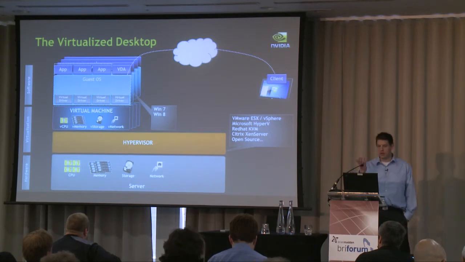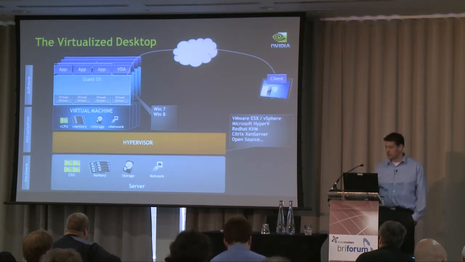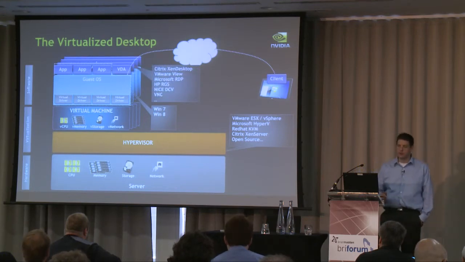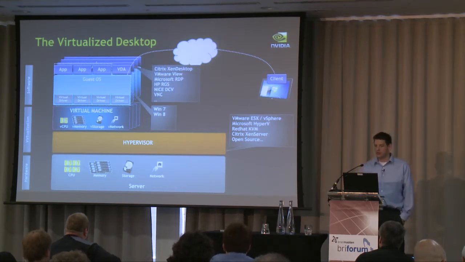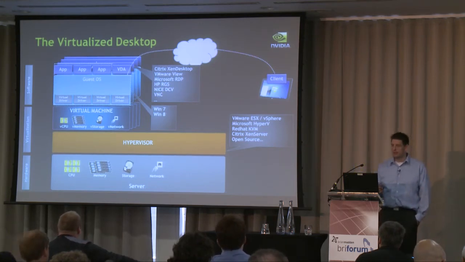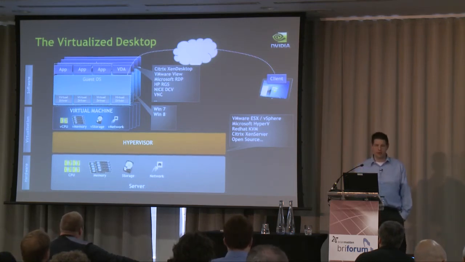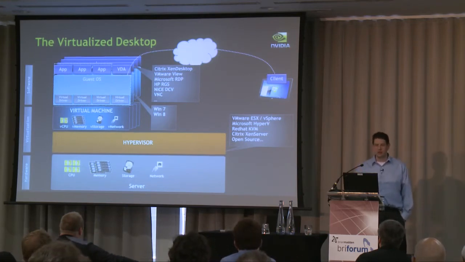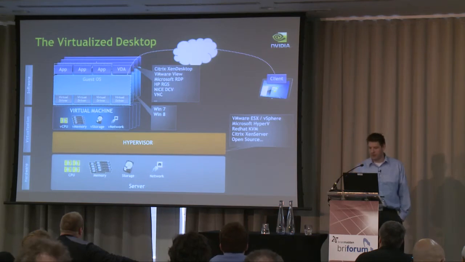In terms of OS, again, very similar to the PC, it is Windows 7 or Windows 8. And then you have different options for your virtual desktop agent. You have Citrix Desktop, that's maybe the predominant one here, VMware View, Microsoft RDP, HP RGS, NICE, and VNC, and maybe more.